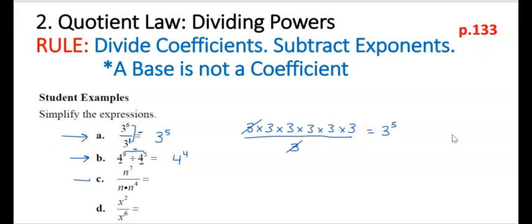For c, we have n to the power of 7 over n times n to the power of 4. So what we have to do for this one is we actually need to simplify the denominator before going ahead. That would be what we would advise you to do.